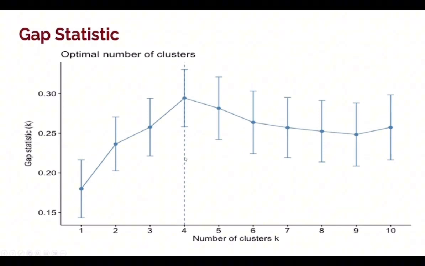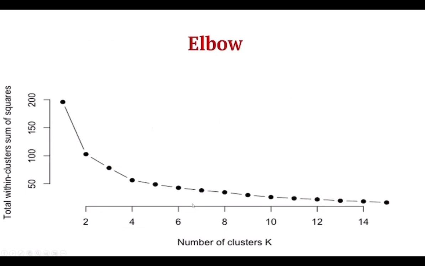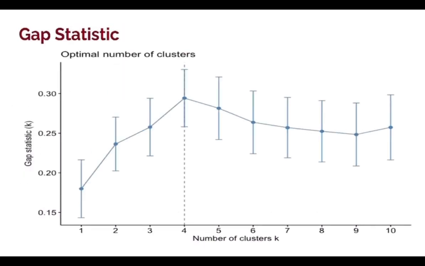As you can see from the dotted line, this is the point where we start noticing a decrease. So that very point is k equal to 4. So you can see two out of three actually agree that the optimal number of clusters should be 4. Now that is what we're going to base our final model on.